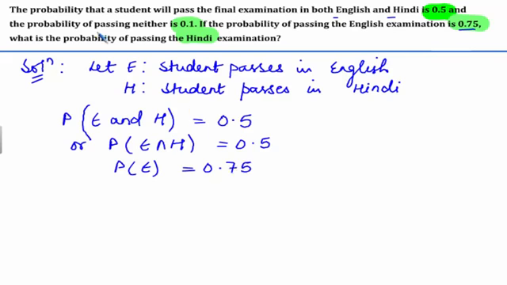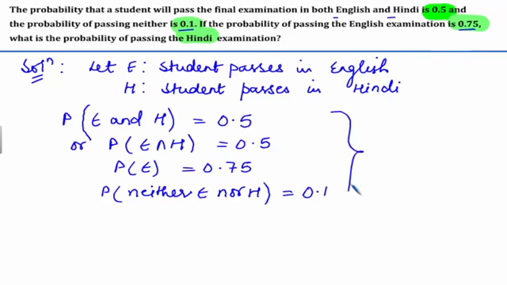And we are also given that the probability of passing neither examination is 0.1. So we have probability of neither E nor H is equal to 0.1. So this we are given.